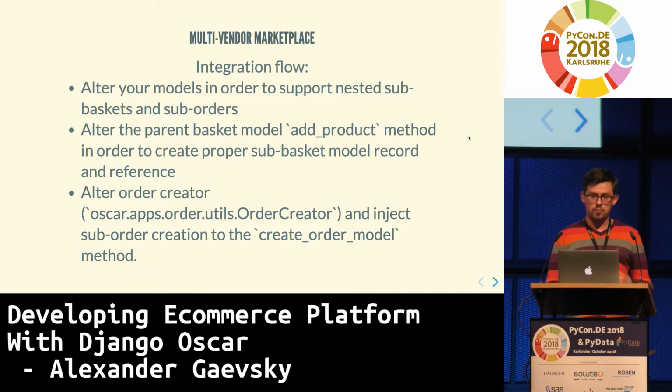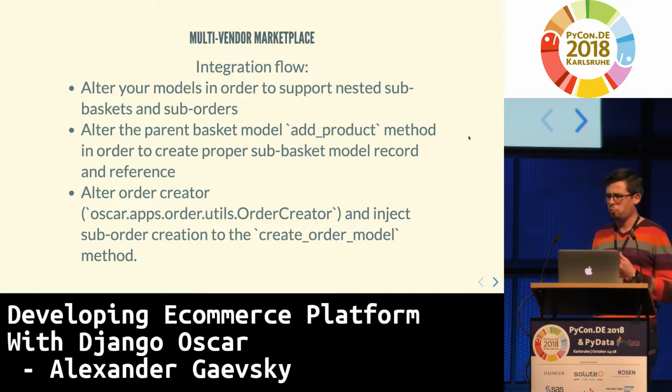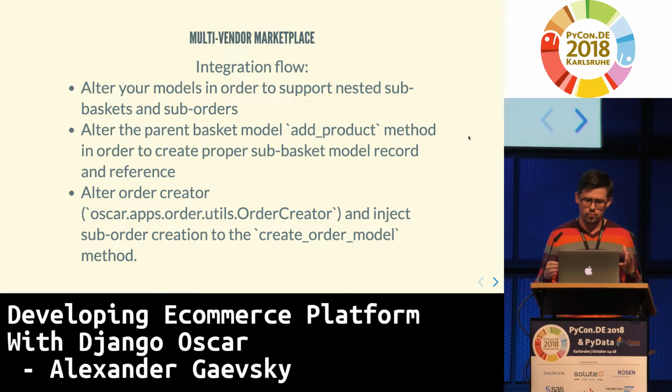Then you'll need to edit the original basket model. It has the add product method, and basically you will need to propagate the addition of the product to the parent model, also to the sub-basket.